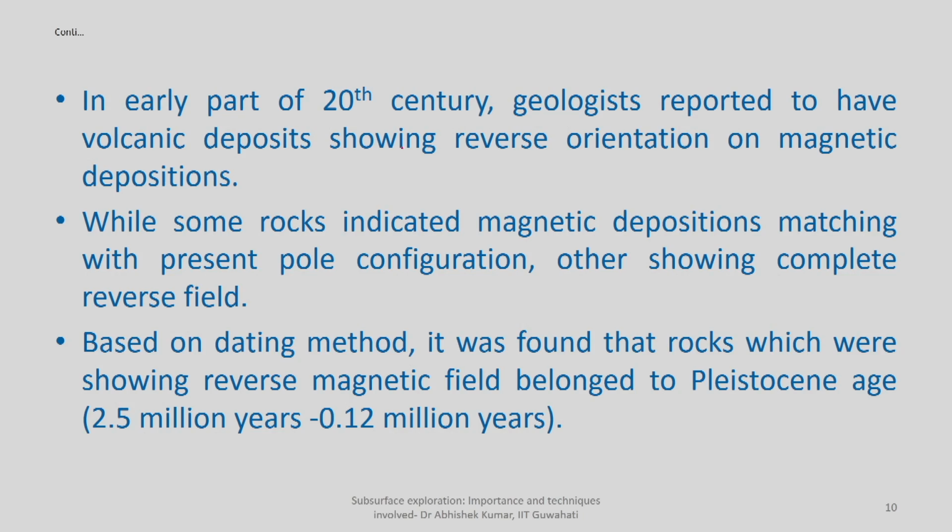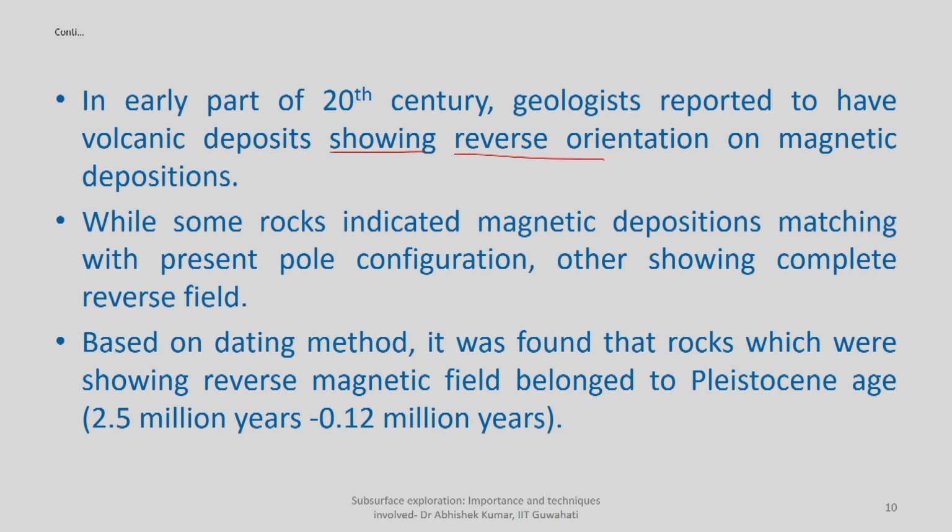So, in the early part of the 20th century, geologists were trying to understand the rock characteristics, which were primarily volcanic deposits, and they understood that the magnetic characteristics of two rocks in a similar region were showing a reverse orientation.